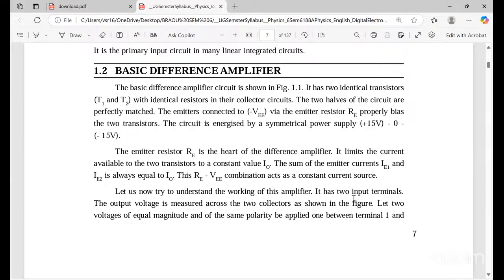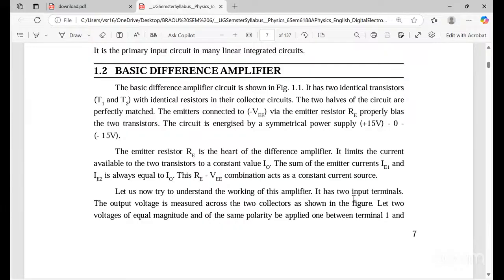The emitters are connected to minus VE via the emitter resistance RE, which properly biases the two transistors, and the power supply is plus 15 volts to minus 15 volts. The emitter resistor RE is the heart of the differential amp. It limits the current available to the two transistors to a constant current I naught.